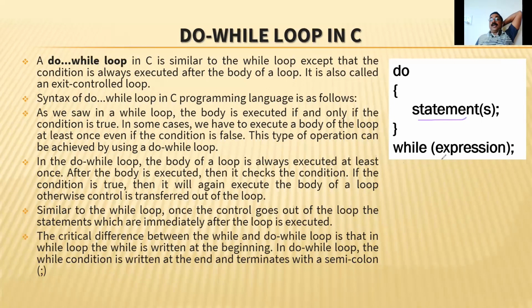The expression will be tested again, the condition will be tested, and if the condition is true, again it will go to the body of the loop. So you can say, as we saw in the while loop, the body is executed if and only if the condition is true.